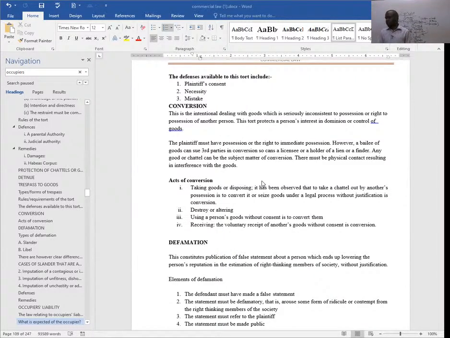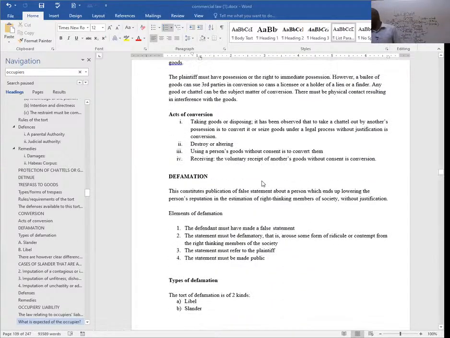Then the statement must be made in public, either in a publication or just by word of mouth. If those elements are present, then one can be accused of defamation. That's what we mean by defamation in a nutshell.